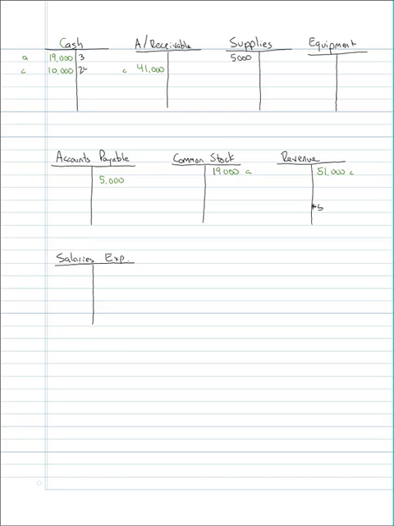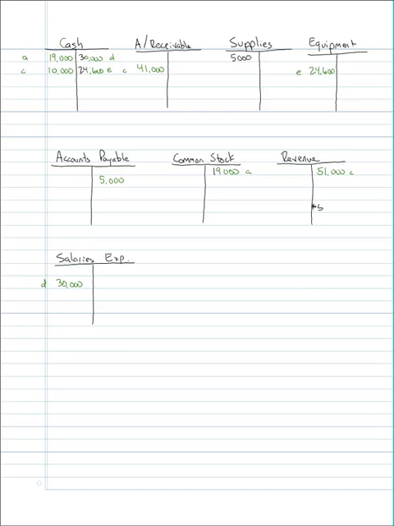Journal entry D is a debit to salaries expense of $30,000 and a credit to cash of $30,000. Journal entry E is a debit to equipment and a credit to cash, both for $24,600.